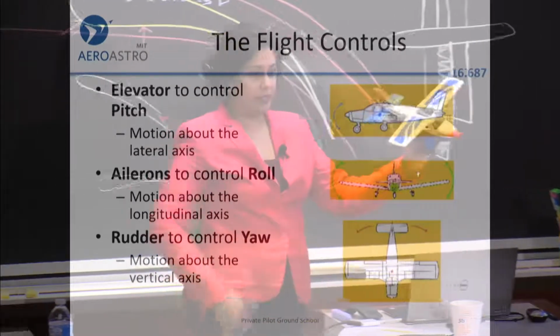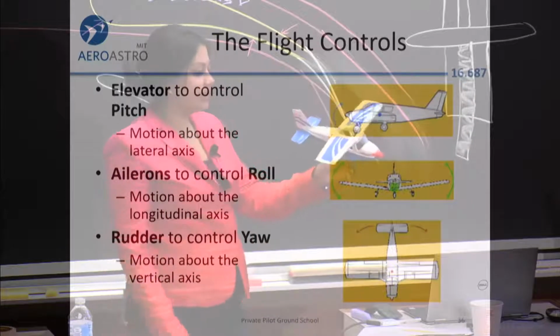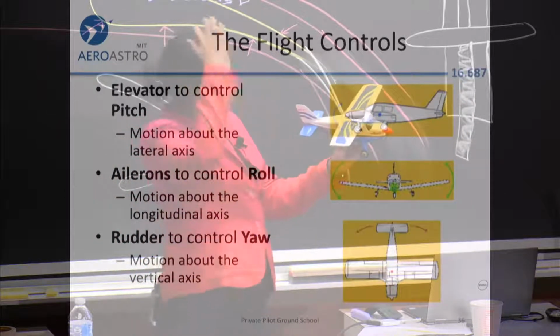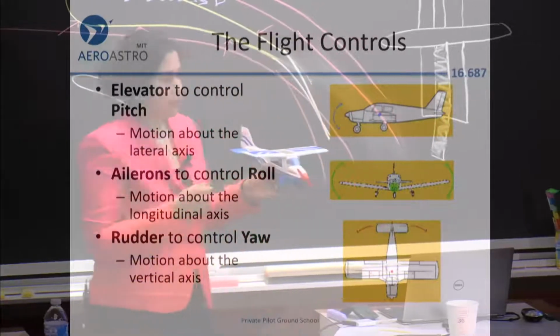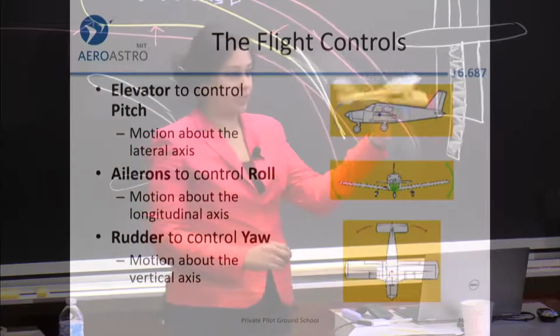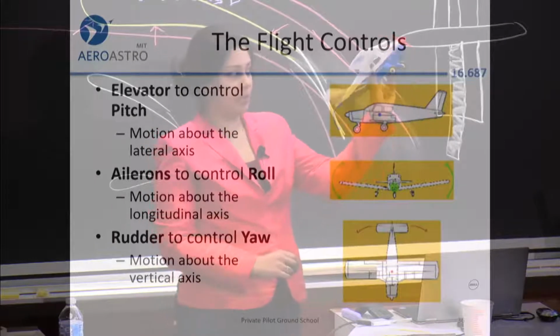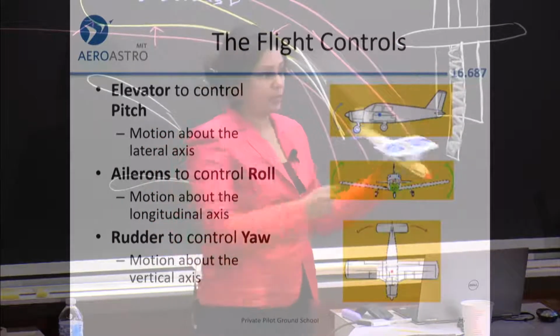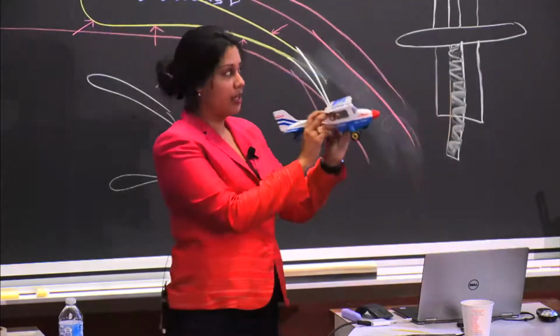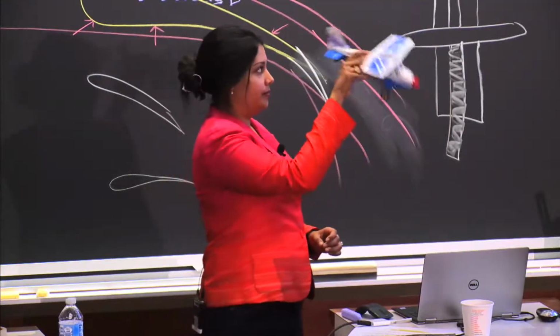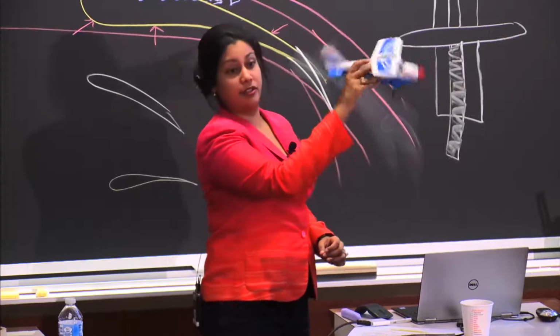You have the ability to control all three of those axes. The elevator, which I keep talking about, is controlled by your yoke, where you push it forward or pull it back. That allows you to pitch the airplane, nose up or nose down. That's you controlling the back part of the tail, the elevator, which allows you to have motion in this direction.